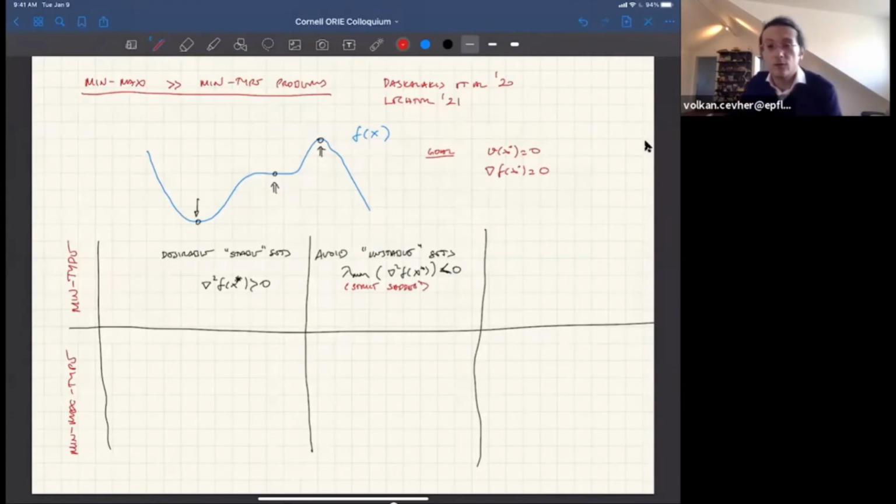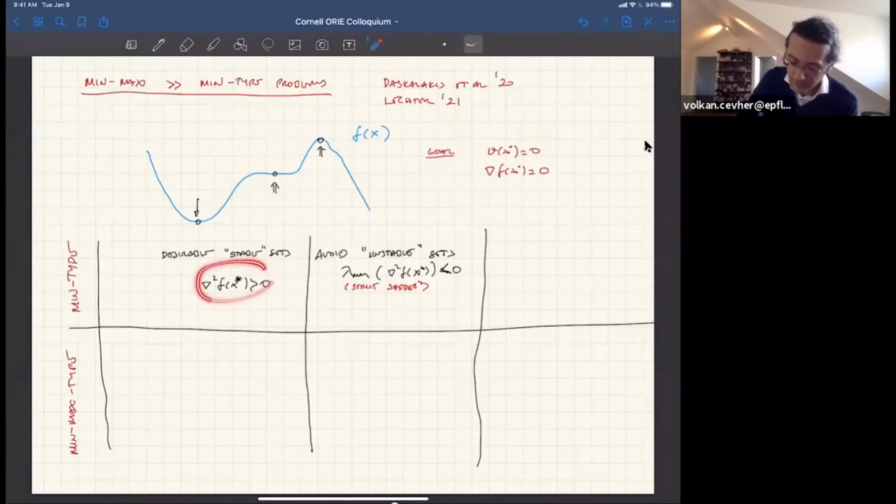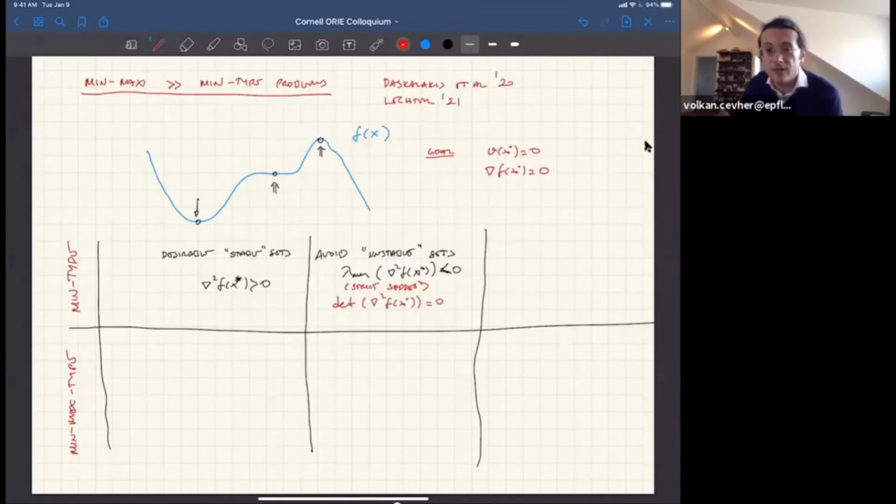We would like to avoid strict saddles. We would like to go to these and avoid these. And there are also hyperbolic saddles where the determinant can be 0 while having a negative eigenvalue. So hyperbolic saddle. We would like to avoid these. We don't want them, okay?